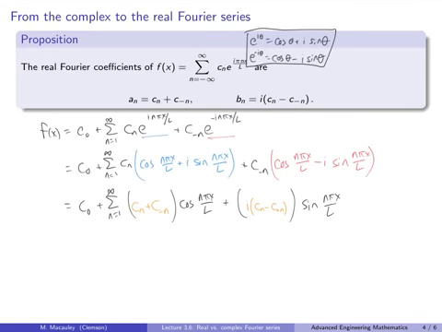So that's why these things hold, and let me just write that as, so if we were to write the real Fourier series, this is a naught over 2 plus n equals 1 to infinity of an cosine of n pi x over L plus bn sine of n pi x over L.